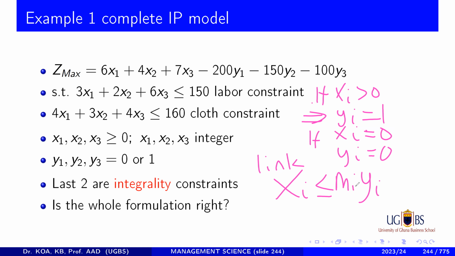And therefore that m will be the biggest value that x can take. In other words, because it's less than or equal to, the less than part means that there are some numbers below the m. Now let's assume that m is 50.